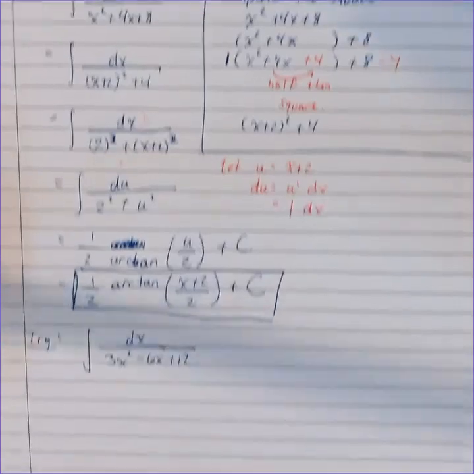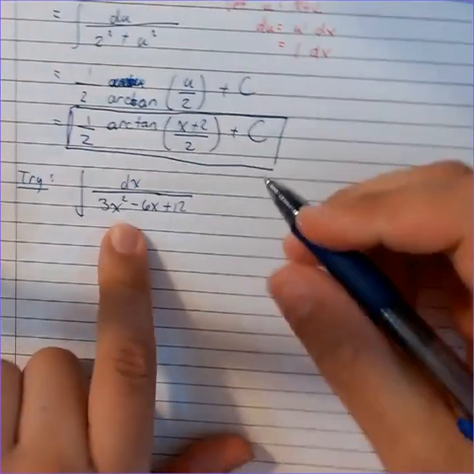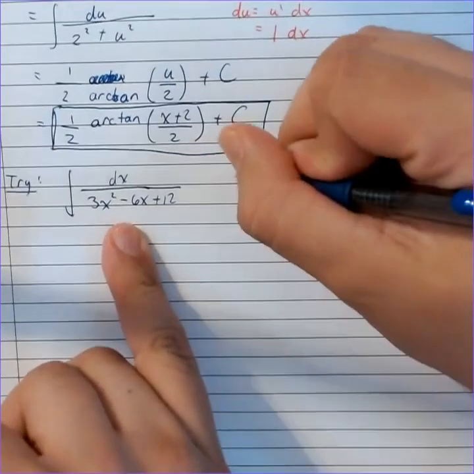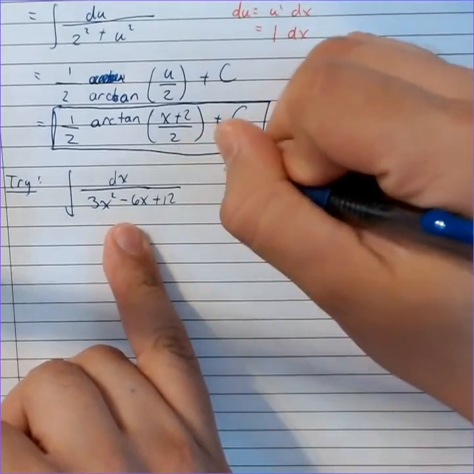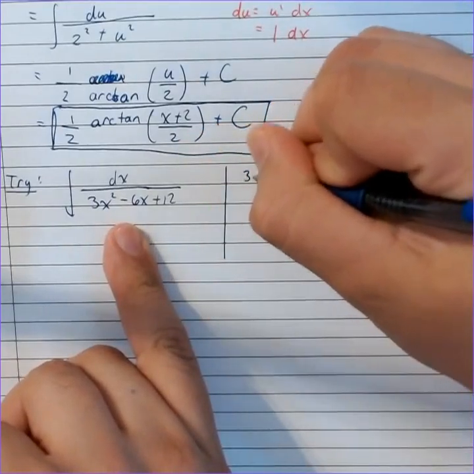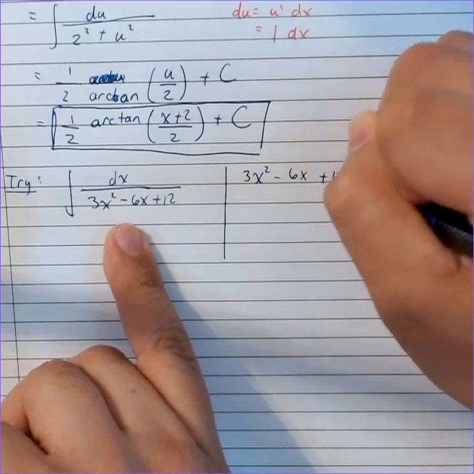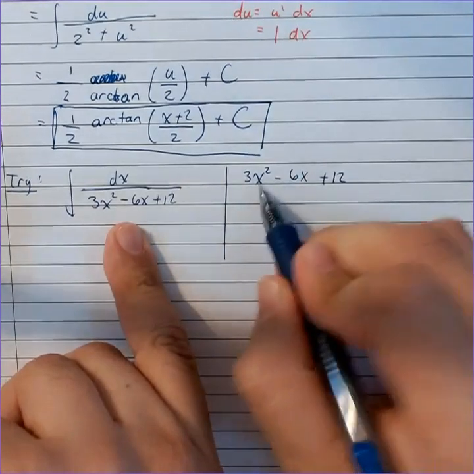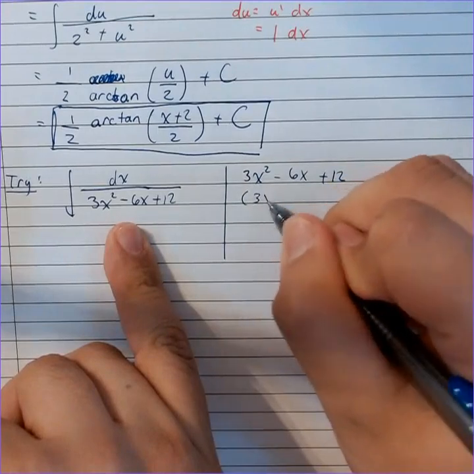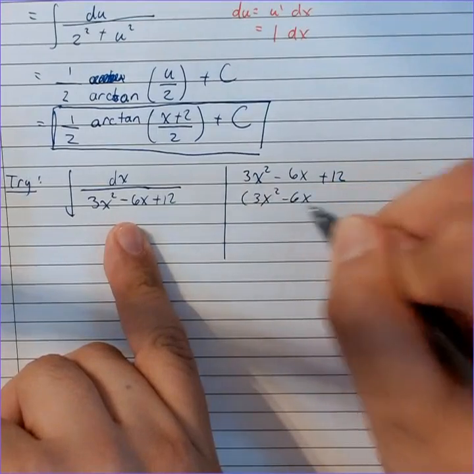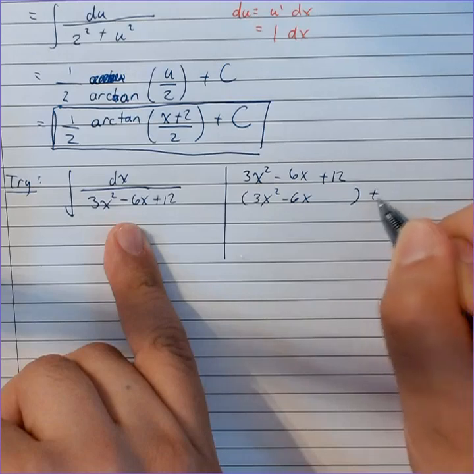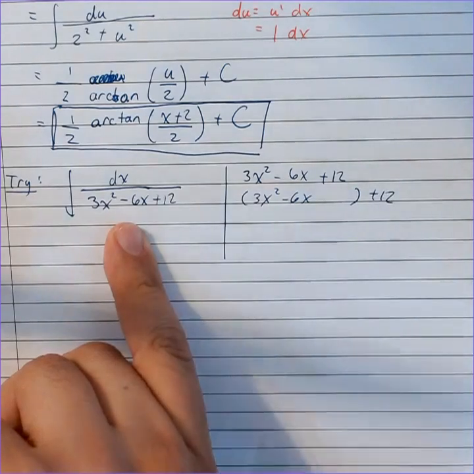All right, so let's go ahead and complete the square on this one. If we take 3x squared minus 6x plus 12, we're going to take the first two terms and bunch them together, so 3x squared minus 6x. I'll leave some space in there and leave the 12 on the outside.